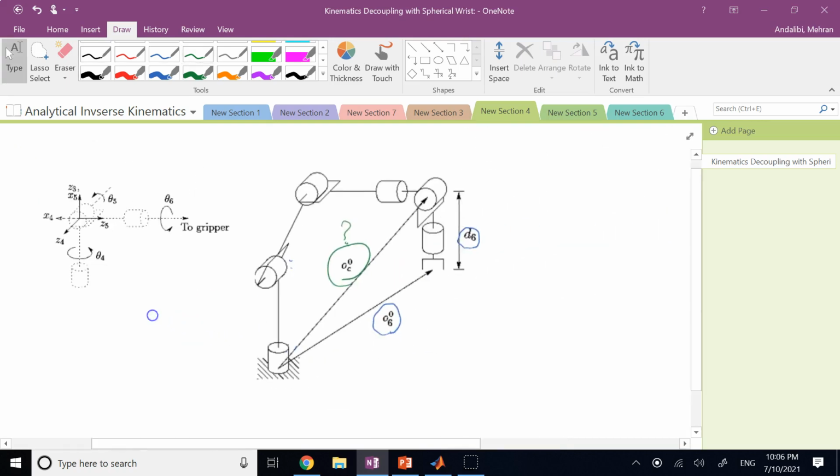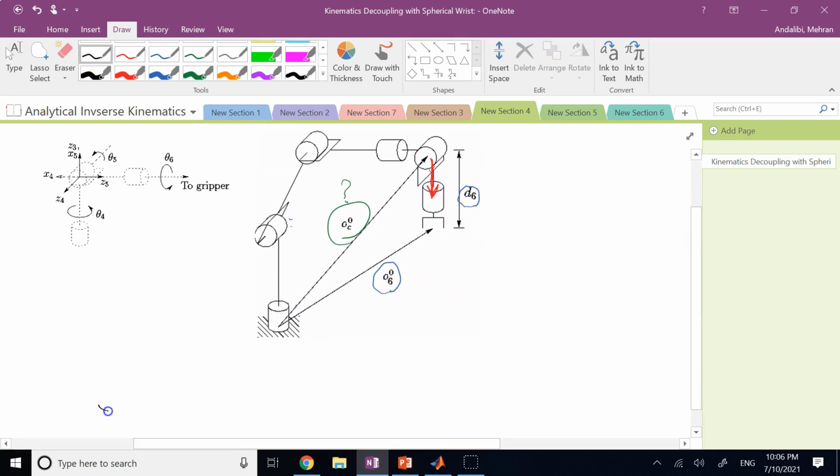Well, it's not a hard thing to say that if I know this direction, if I know the unit vector in this direction, whatever it is, all I need is to basically say that O of the wrist with respect to frame 0 is equal to O of the end effector with respect to 0, correct, this one, and then minus d6, which is the length of this vector, correct, times the unit vector here, which is shown in red, whatever that unit vector is.